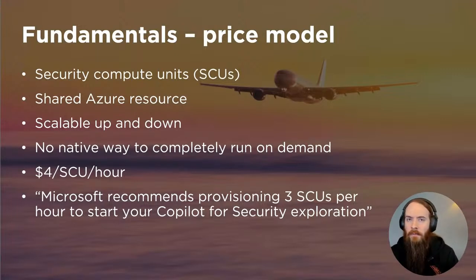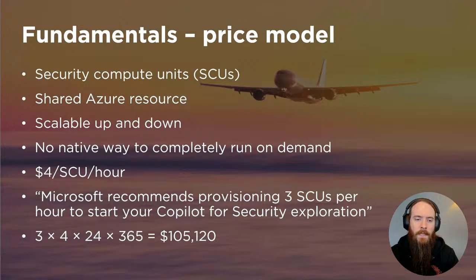So I'm going to do the maths for you. If we take 3 SCUs, we say that's going to cost us $4 per hour. 24 hours in a day, 365 days in a year. We're looking at over $100,000, at least based on that kind of extrapolation. That's a lot of money.